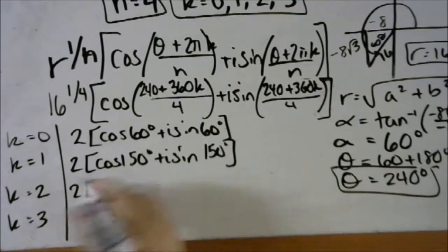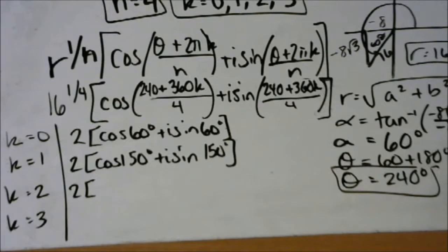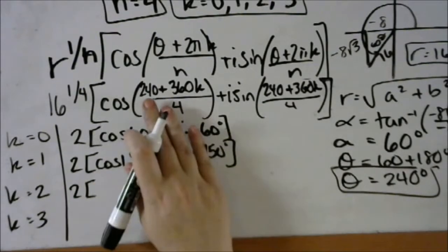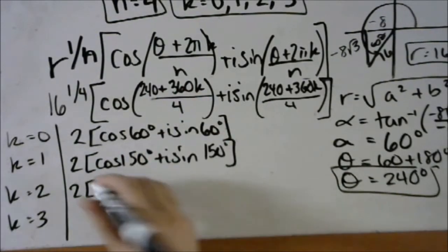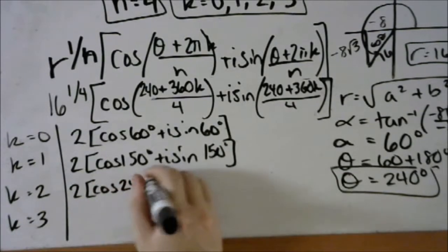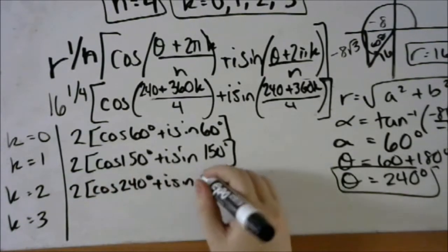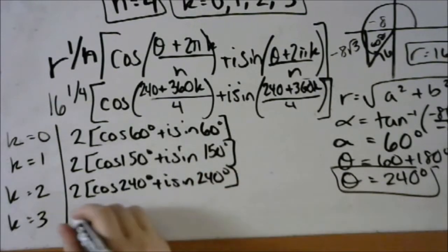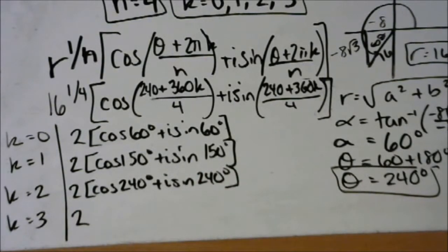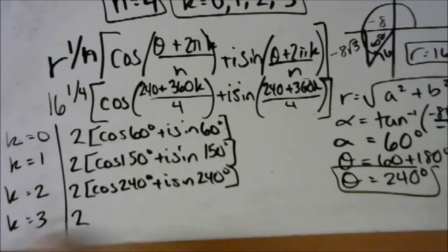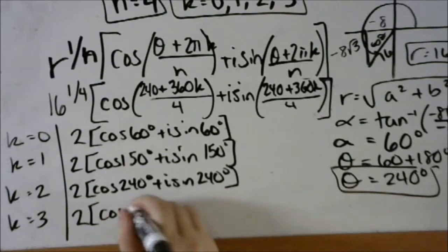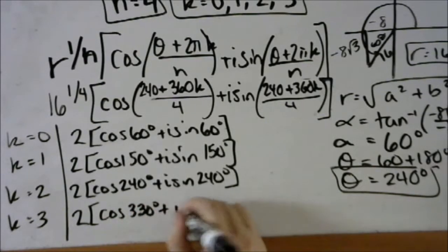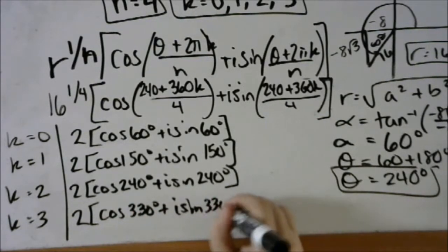And when I plug in 2, I'm going to be doing 240 plus 720 divided by 4, which gives me 240. And when I plug in 3, I'm going to get cosine of 330, sine of 330.